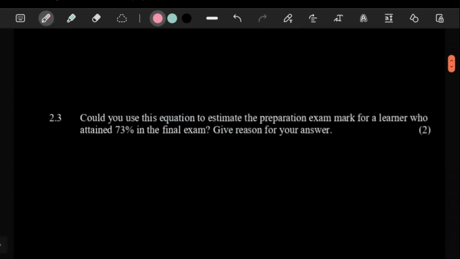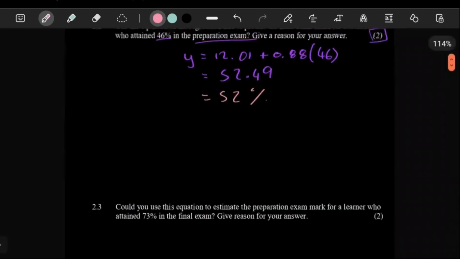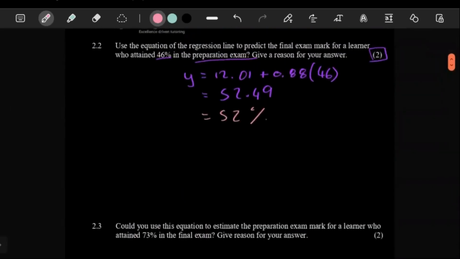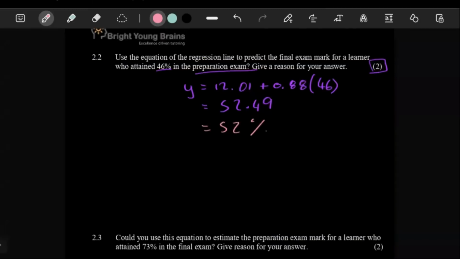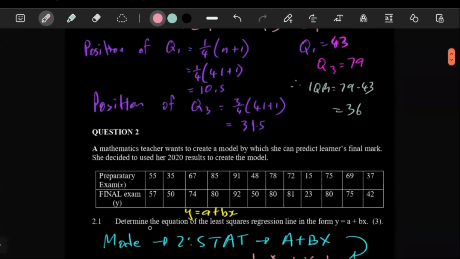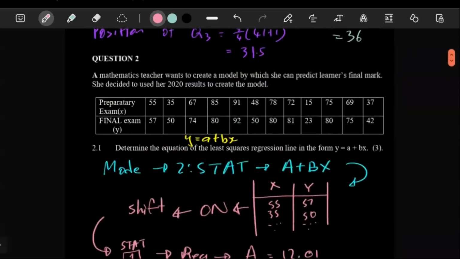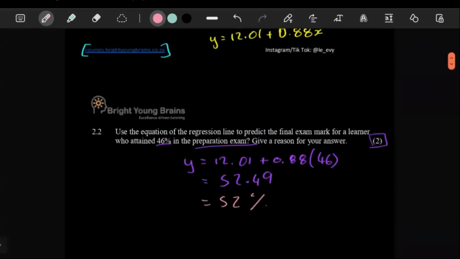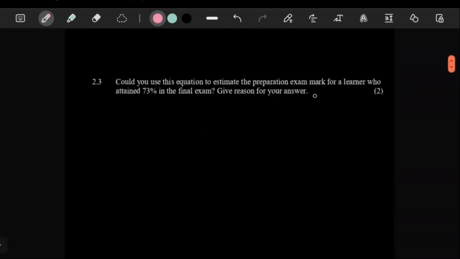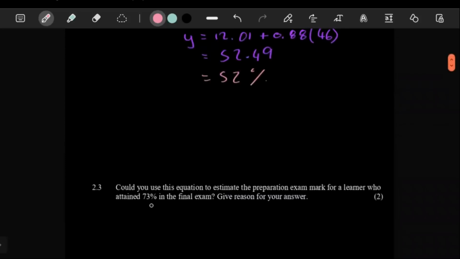Moving on, it says, could you use the equation to estimate the preparation mark for a learner who attained 76 in the final exam? Give a reason for your answer. So let's see. In the finals, people are getting different marks. And the question asked, are we able to predict the mark if someone got 76 in the final exam?